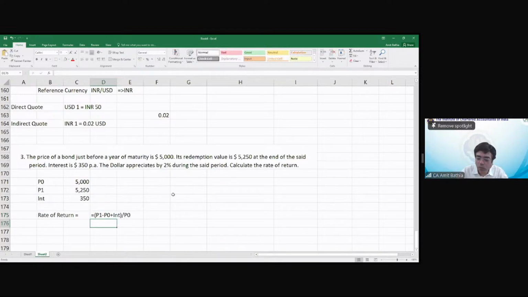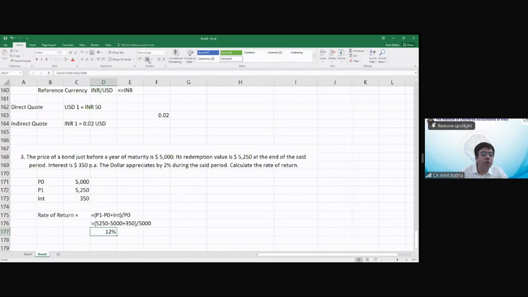Am I right? Yes, sir. So that will be equal to P1 is 5250 minus 5,000 plus 350 upon P0, which is 5,000. That comes to 12%.